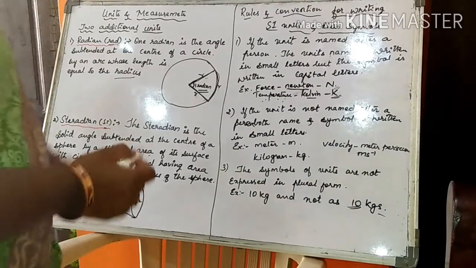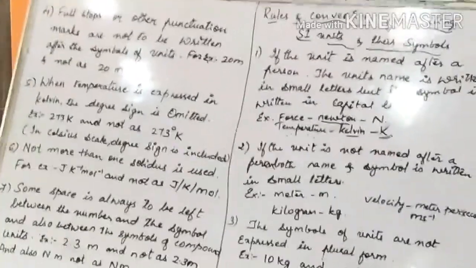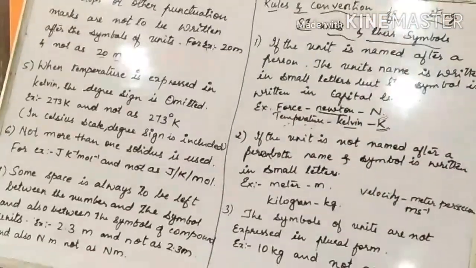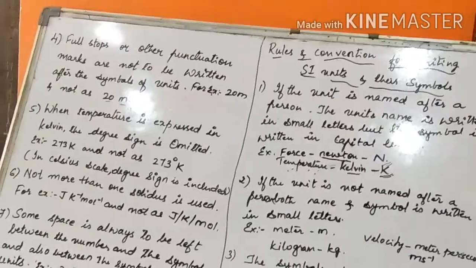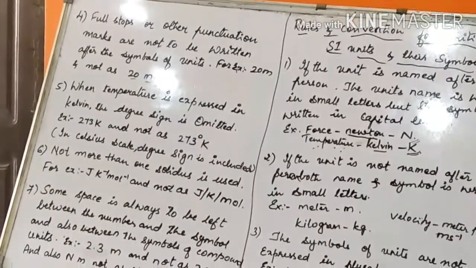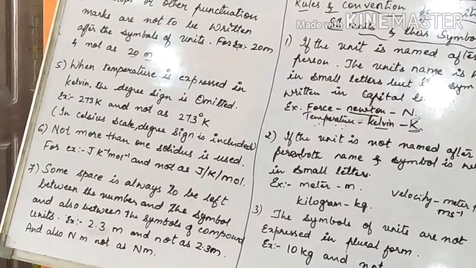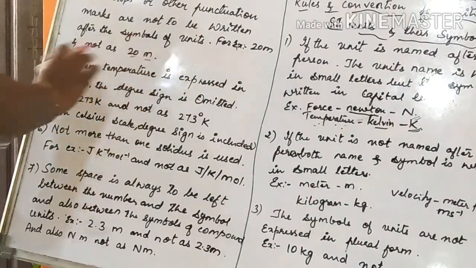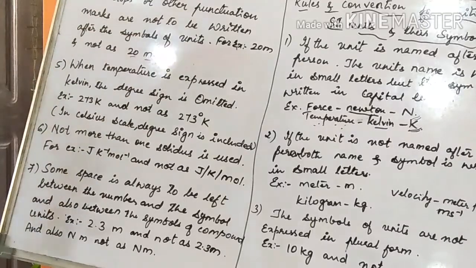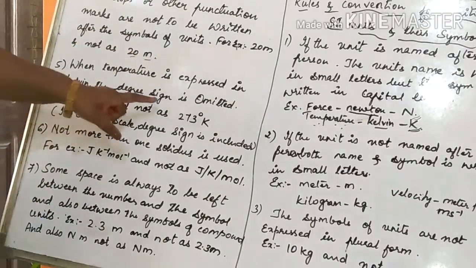Okay, we'll continue. The fourth one is that full stops or other punctuation marks are not to be written after the symbols of units. For example, not 20 meter followed by a dot. When temperature is expressed in Kelvin, the degree sign is omitted.